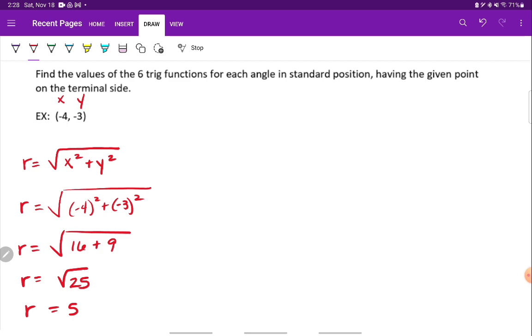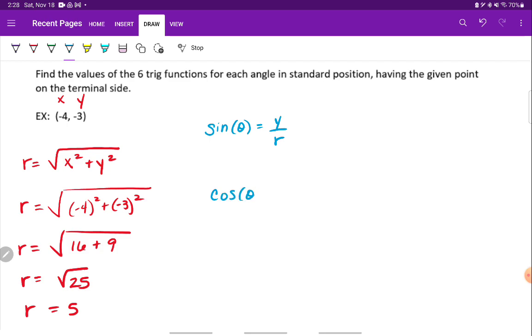We have our x value, our y value, and our r value. That's all the information we need to be able to do our 6 trig functions. Sine of theta is defined to be y over r.